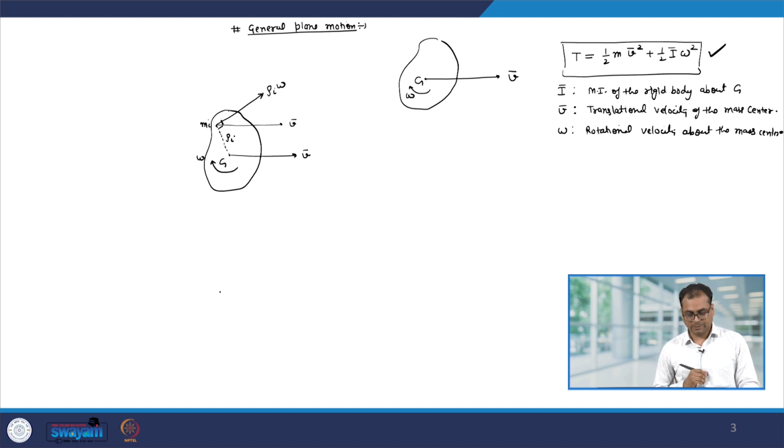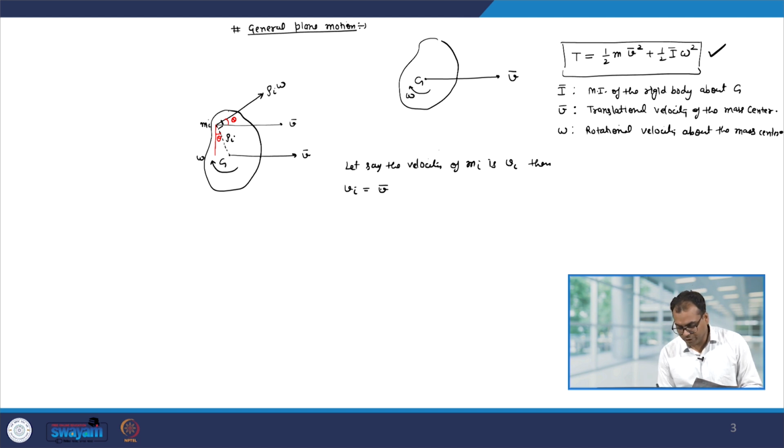Now, from the geometry you can see that if this angle is theta, then if I draw the perpendicular to v bar, that angle will also be theta. Let us say the velocity of mass mi is vi, then this vi will be the sum of the translational velocity plus the rotational velocity.